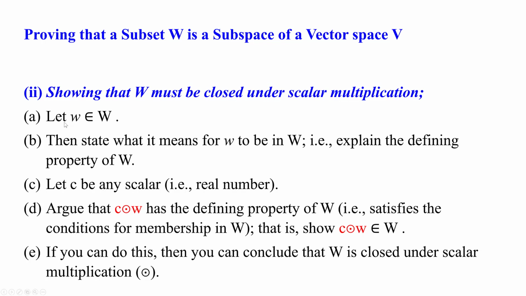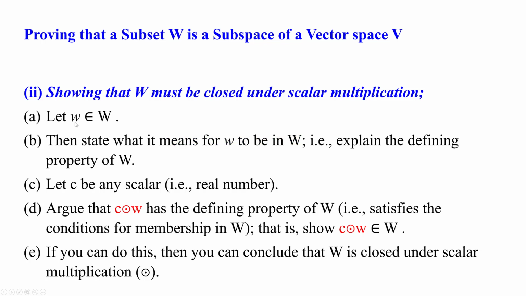Showing that W is closed under scalar multiplication: you start with an arbitrary vector in W. What that means is you use the generic description that you were given that describes W. Then you state what it means for the vector to be in there. Capital W is defined by certain properties. It's the set of all vectors such that whatever.